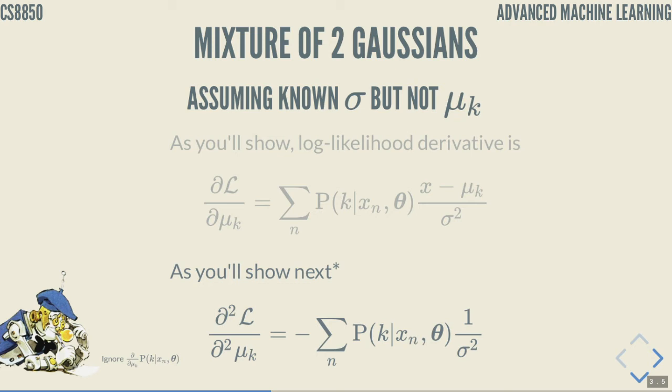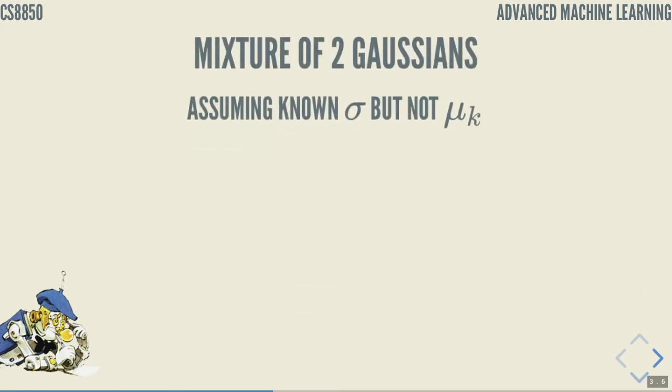And as you see, that's easy if we ignore the derivative of the class posteriors, then the derivative of this is nothing but 1 over sigma squared. Well, the minus sign follows over there. So simple algebra. I already solved it for you. Okay, now I have to think of a harder homework. I'm just kidding. And let's continue.